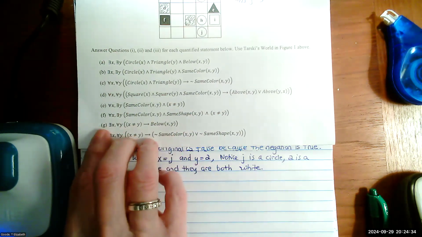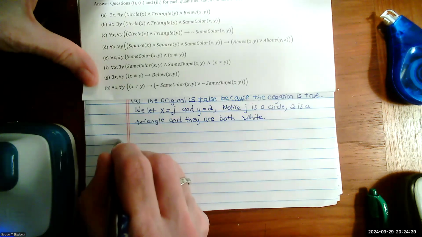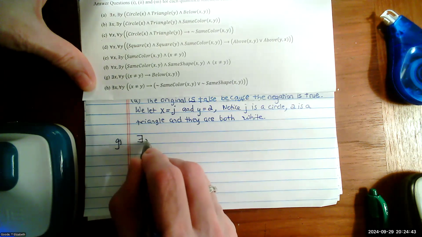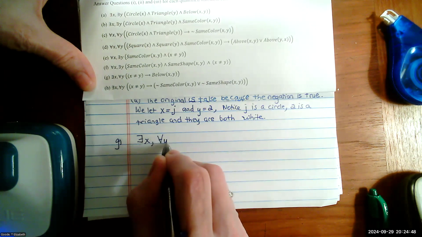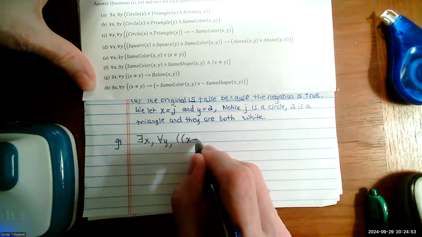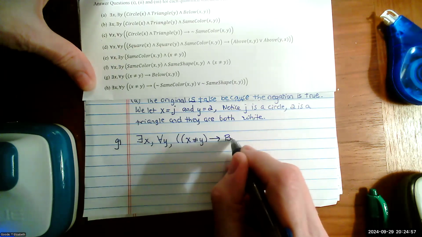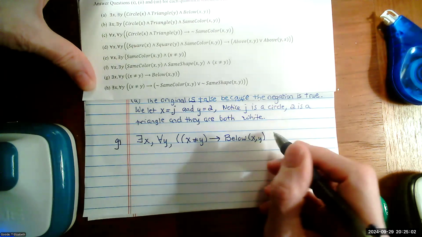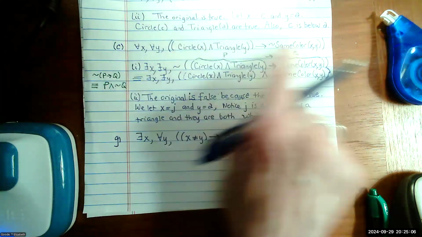So let's look at G. G says there exists an object x such that for every object y, and here's the caveat, if x is not equal to y, then below(x, y). So this isn't quite the same as having a compound predicate that's like a big and statement.